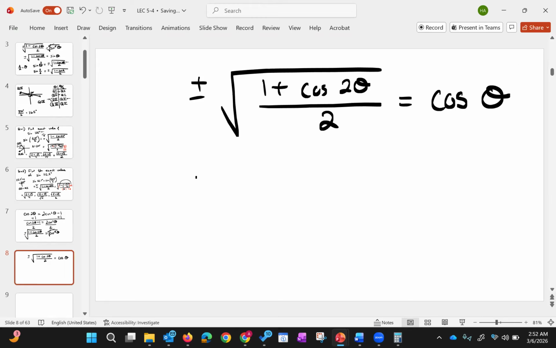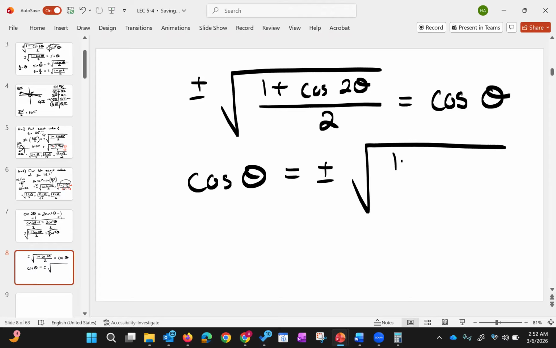Let's turn it around. So this is still talking about the double angle formula, right? That's a double angle formula relationship. So let's make it the half angle formula.